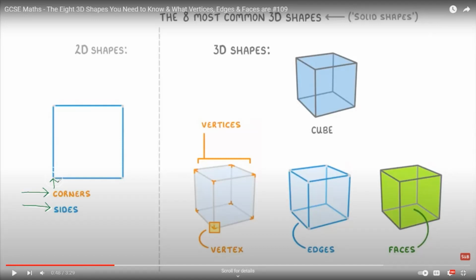Like a vertex, an edge, or a face? A vertex. Does everyone agree with Kevin? Hopefully it doesn't feel hard.